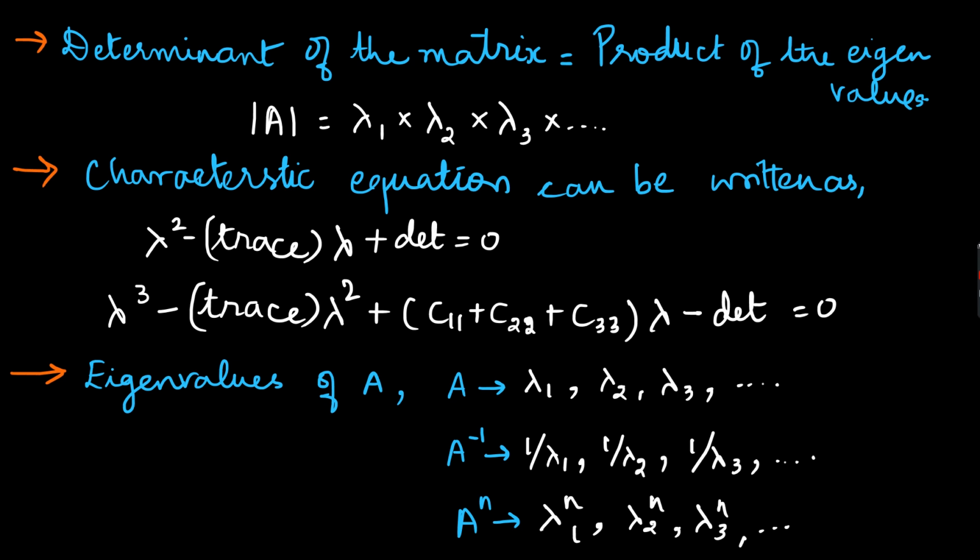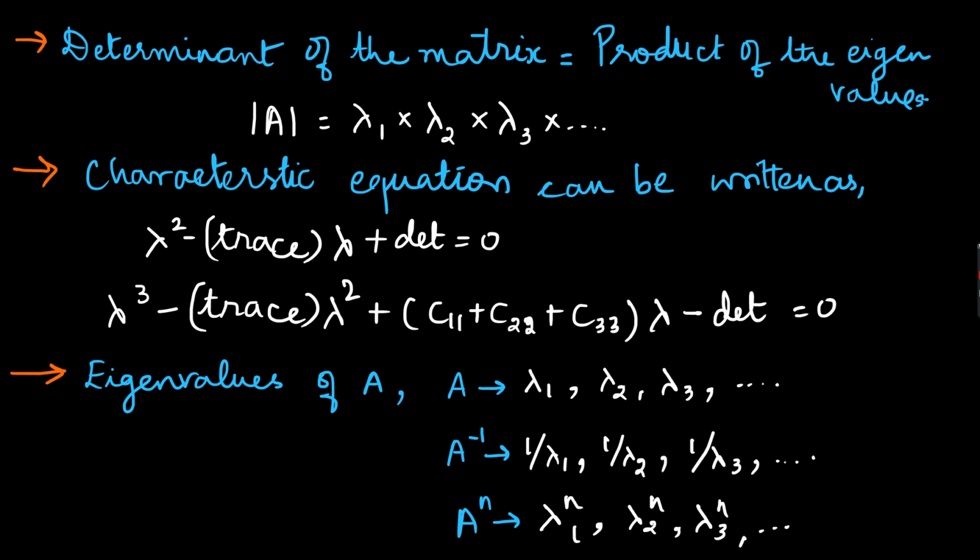But if you have to form the characteristic equation, you can use these two equations where we can find the trace and determinant, and also here C1, C2, C3 are the cofactor terms. So you can also find the sum of the cofactors and substitute over here. So this characteristic equation can be directly used as a formula instead of a long workout.